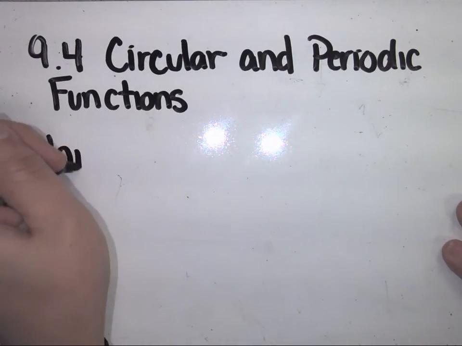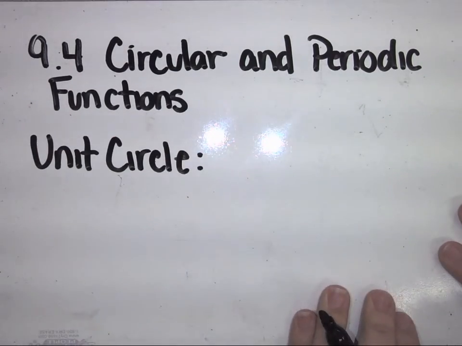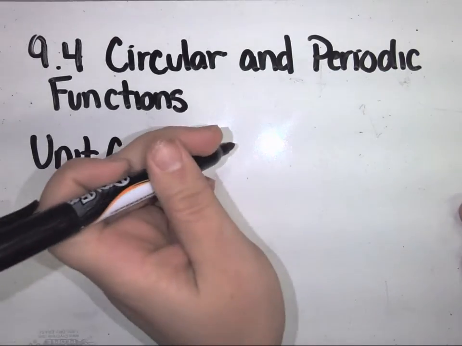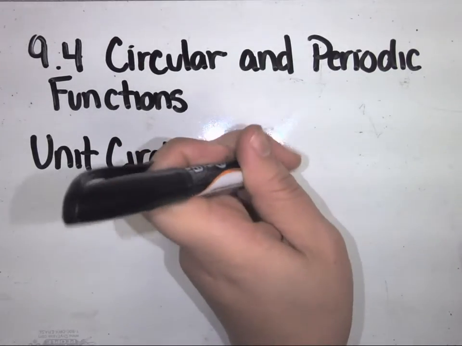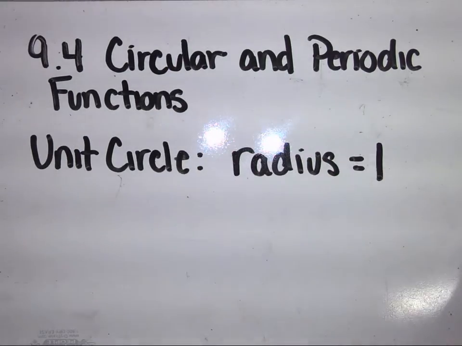So the unit circle, as a reminder, I don't think I actually said this yesterday, so it is important. First off, the radius is always 1 in the unit circle. That's why it's called a unit, if you didn't know what that meant. Unit literally means 1. So the ordered pairs for your points on your unit circle at 0, 0 degrees and 180 and 90 degrees and all that, they are just 1, 0, 0, 1, all those fun things.